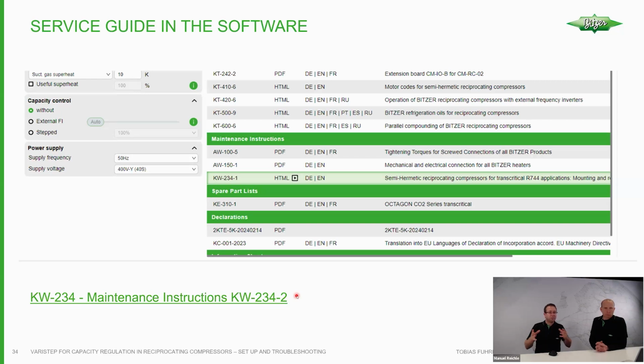This way you know that mechanically the capacity regulation is working. If you put it back and it is not working so well, the second thing you can pay attention to is, does the module get the 0 to 10 volt capacity request signal correctly?